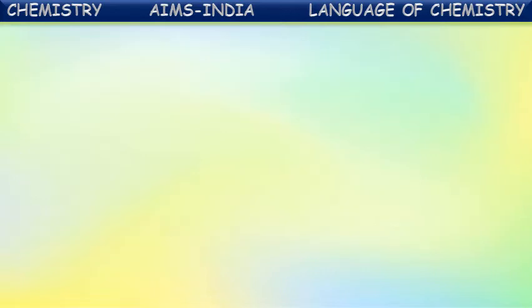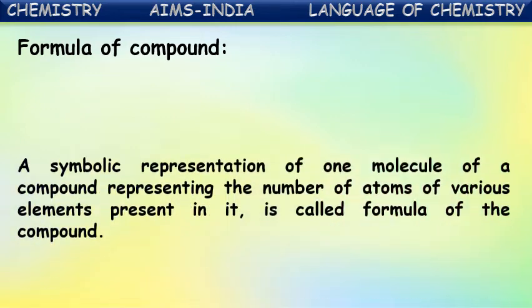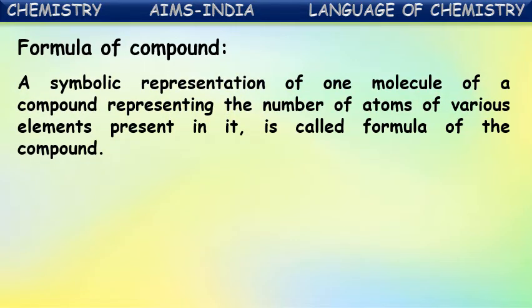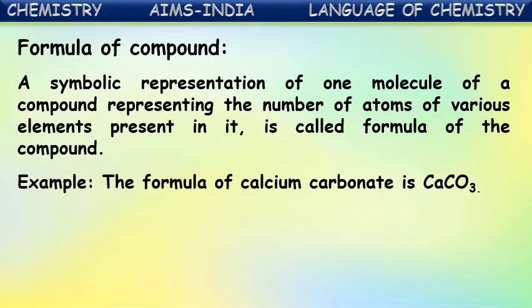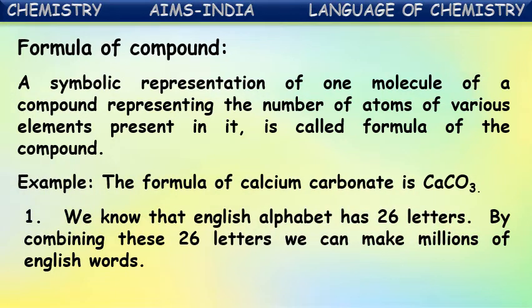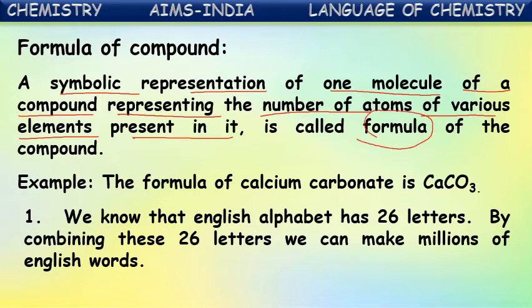Okay. See, next, formula of a compound. Till now we have written the formula for an element. How to write a formula for a compound? Let us see here. A symbolic representation of one molecule of a compound, representing the number of atoms of various elements present in it, is called the formula of the compound.